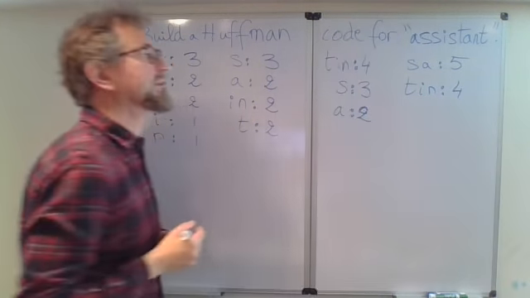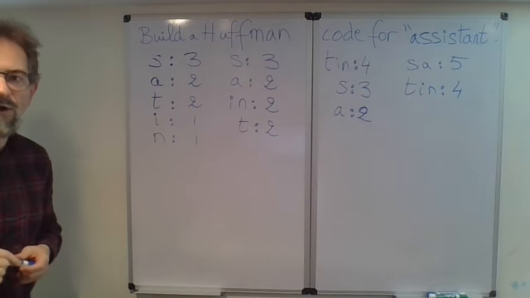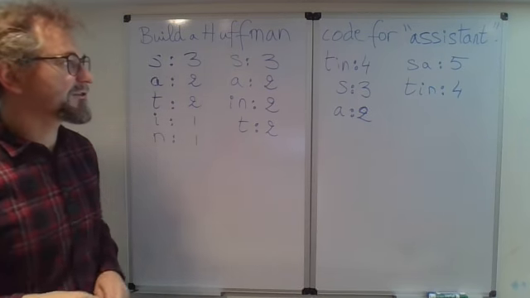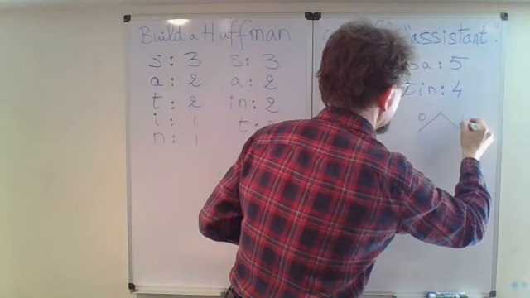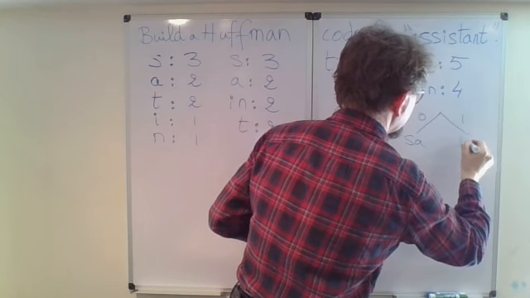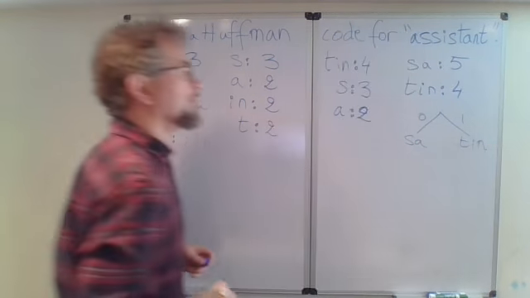And then we consider this as a message that has 2 characters, and our tree then has the following shape.